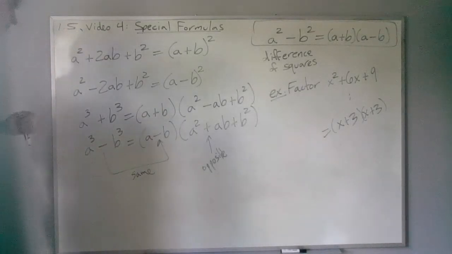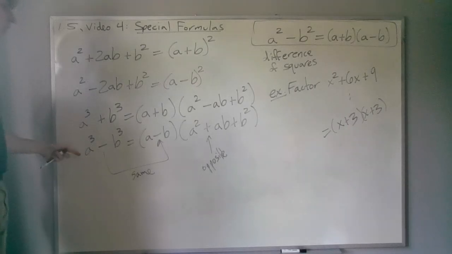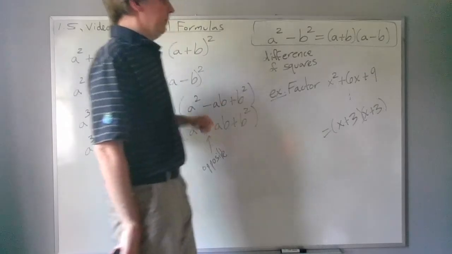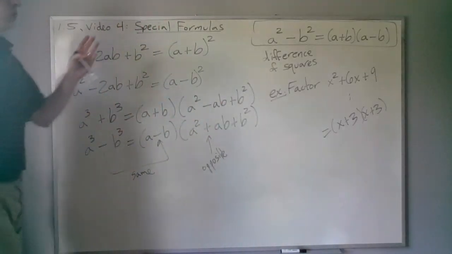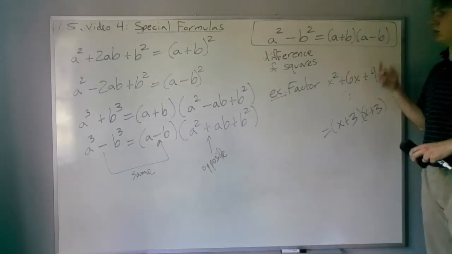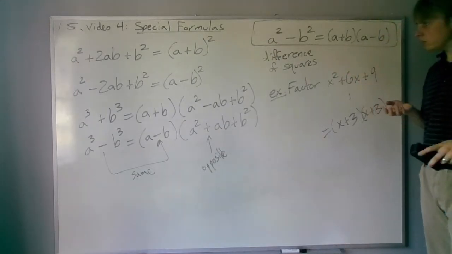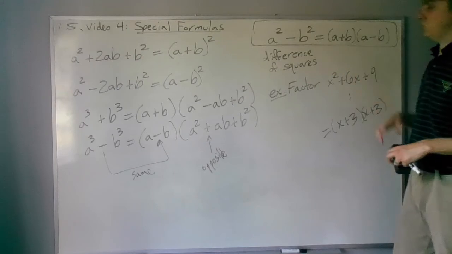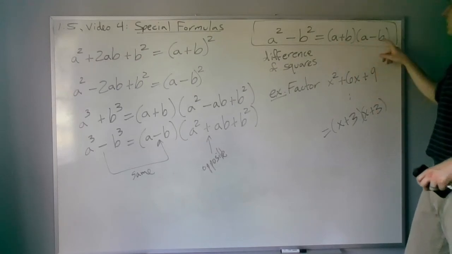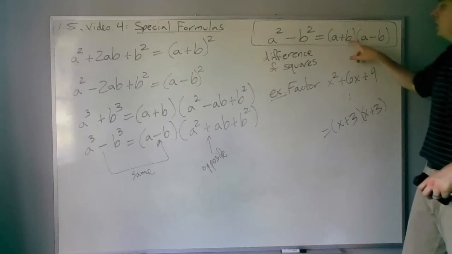One other thing I wanted to mention, kind of a common point about the cube plus cube, cube minus cube, and the square minus square is if you look at the right hand side of any one of these, it looks like you should FOIL and have a whole ton of terms. But you're only seeing a squared and b squared. And the reason for that is when you FOIL, you're outside a times negative b, and you're inside b times a.